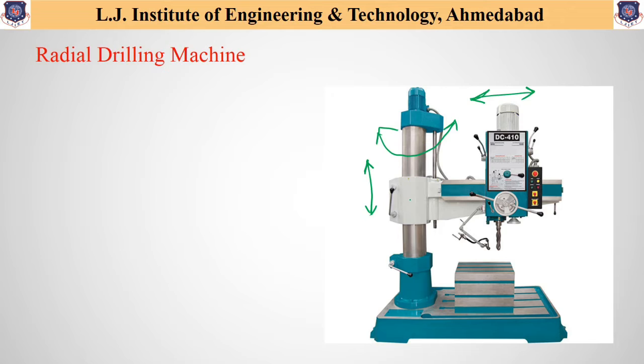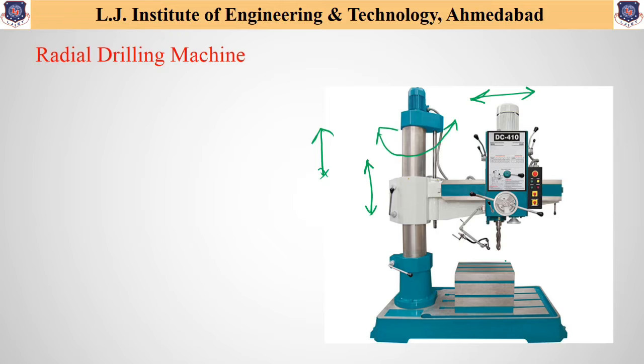As we have discussed, in sensitive drilling machine only one movement is possible, and that is the up and down movement or the feed movement of the drill bit. So if we want to drill a different number of holes at different locations, then one must operate the workpiece and set it to a desired location after each and every operation, which is comparatively a time consuming process.